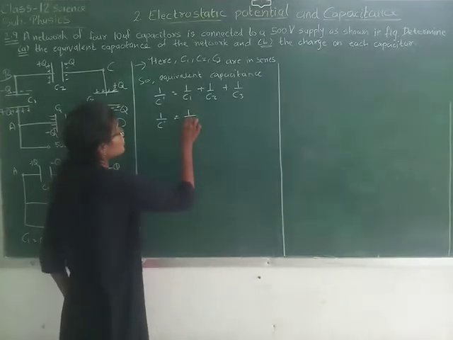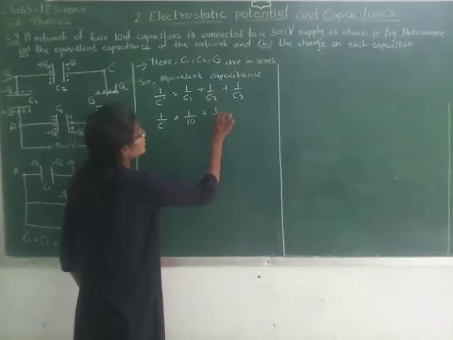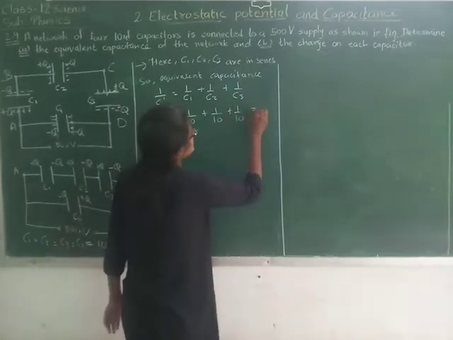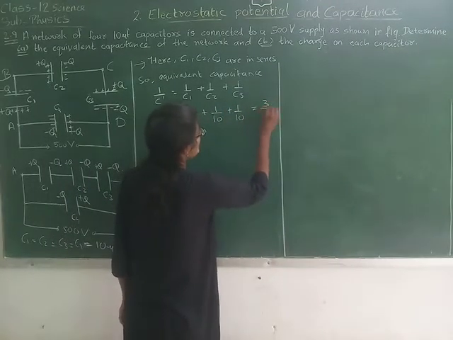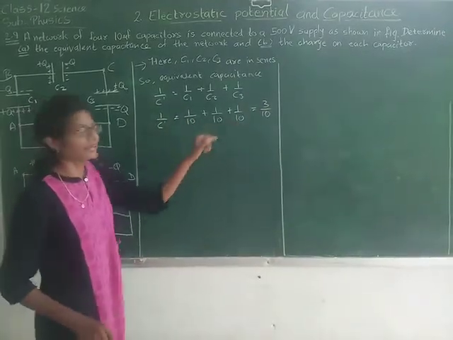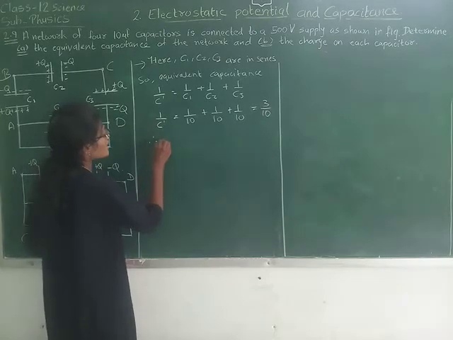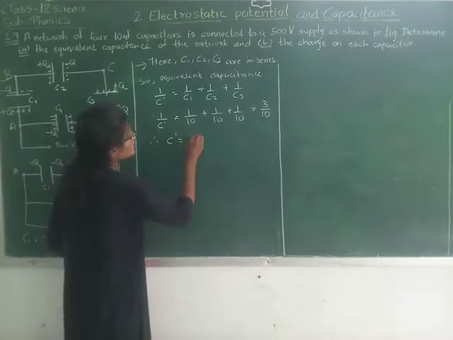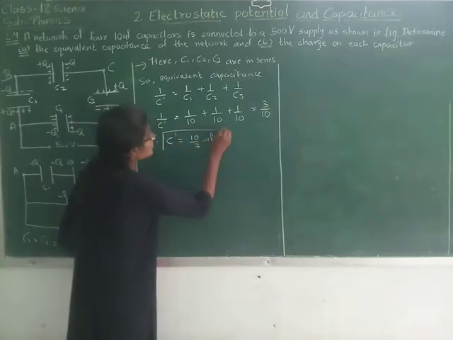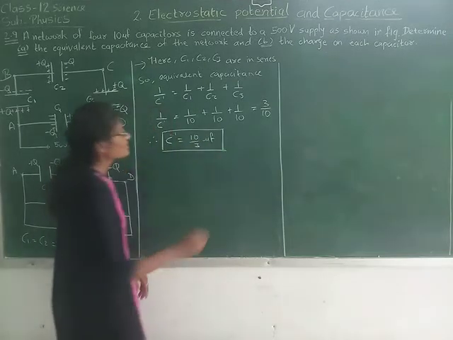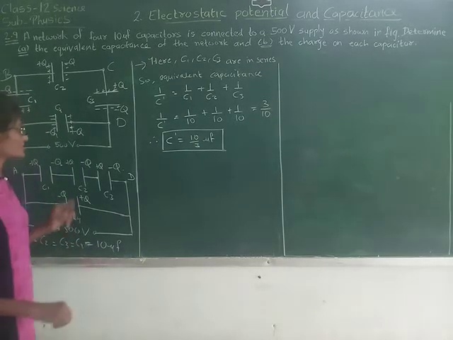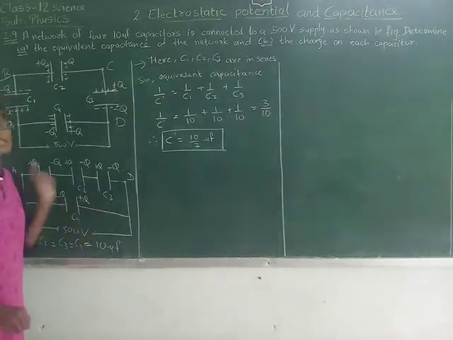So here 1 upon 10 plus 1 upon 10 plus 1 upon 10 which is equals to 3 upon 10, right? 1 upon C dash is equals to 3 by 10. So what will be C dash? C dash will be 10 by 3 microfarad. So this is the equivalent capacitance for the 3 series connected capacitors, that is C1, C2 and C3.